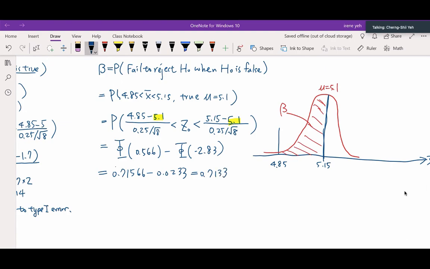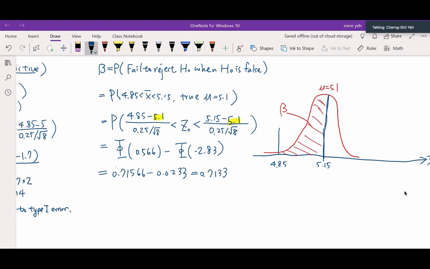In other words, more than 70% of the samples collected from this red population will fall within this confidence interval. As a result, we will not be able to detect the shift. And that 71% is really high.